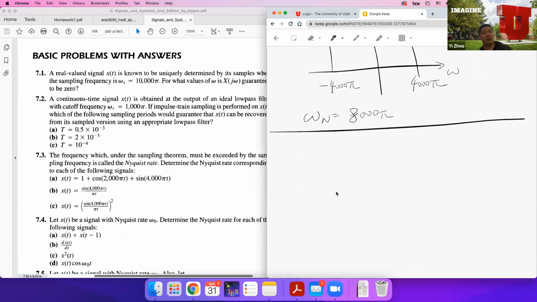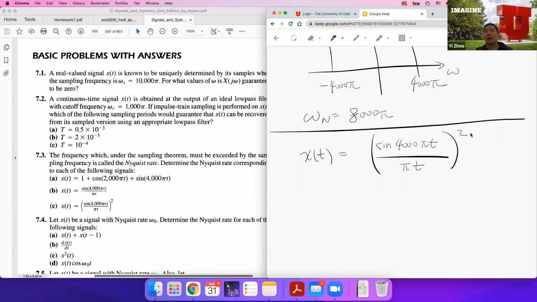Now the last one is taking the signal in part B and raising it to the power of 2. This is a little bit different. You cannot find such a Fourier transform pair in that table. So how do you work out the spectrum of this signal?